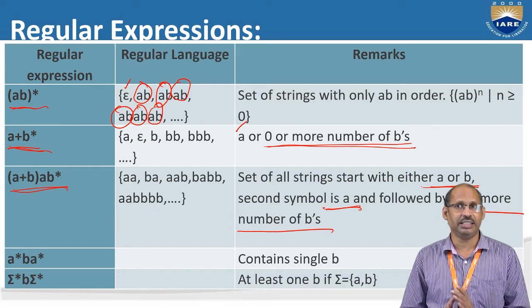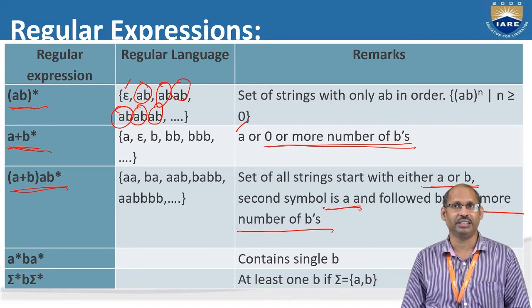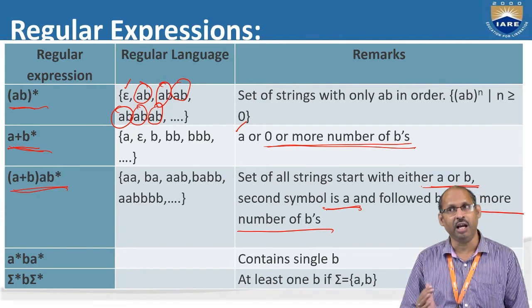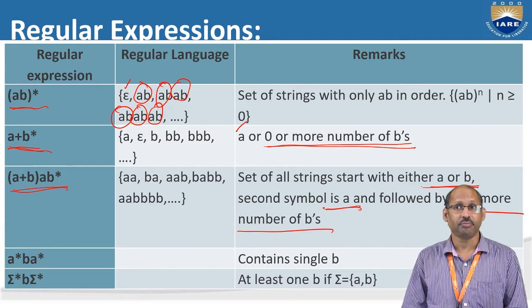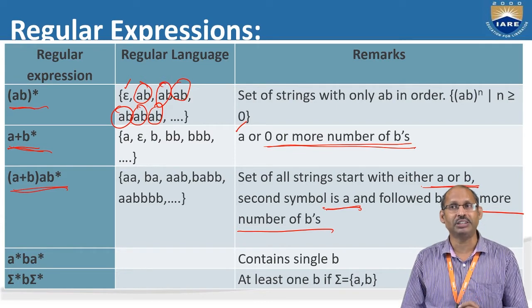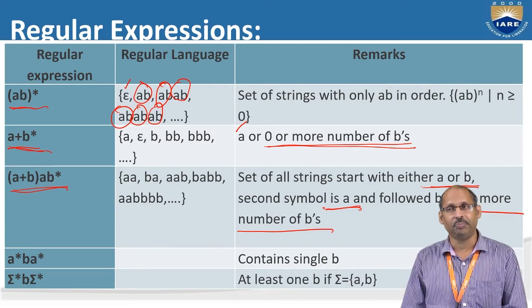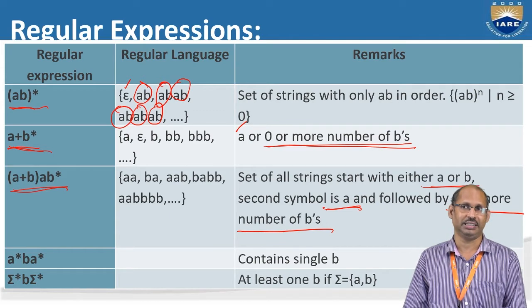It is a regular expression which says that all the strings of the regular language must start with either A or B, and the second symbol must be A, followed by 0 or more B's.